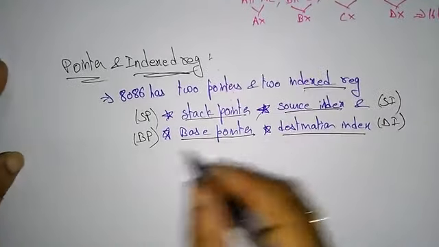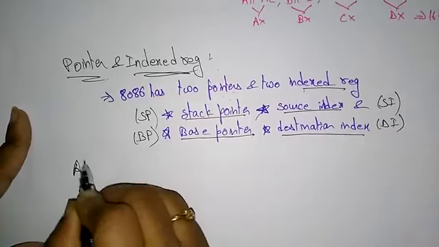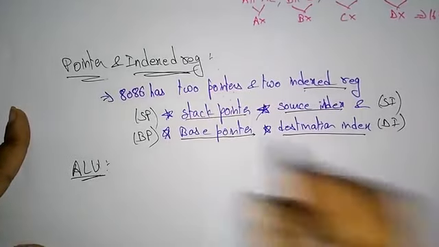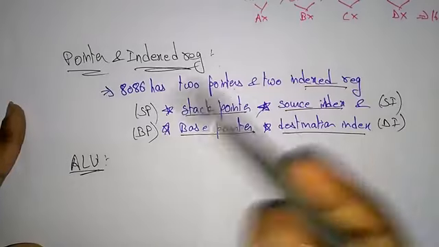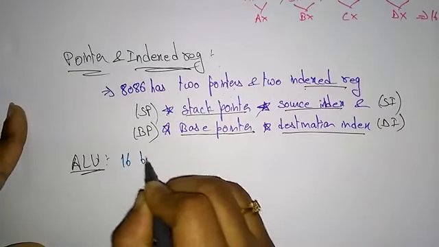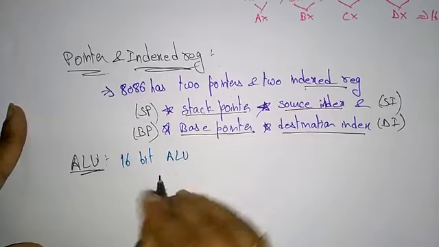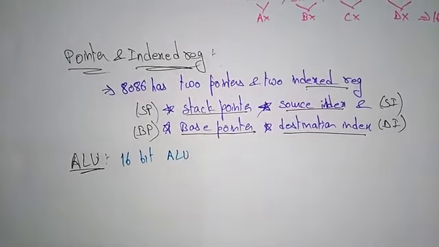Now let me explain the next functional part, the ALU. Everyone knows about the ALU. It is the arithmetic logic unit, and it is a 16-bit ALU, because the 8086 is a 16-bit processor.